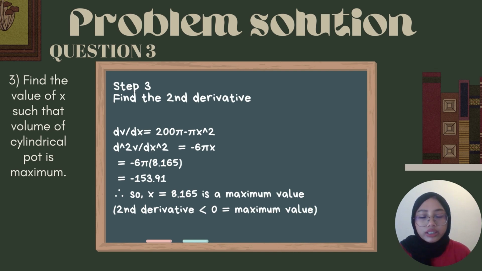Then we plug in the x value from step 2, which gives negative 6 pi in brackets 8.165. Calculating with our calculator, the final answer is negative 153.91. So in conclusion, x equals 8.165 is the maximum value.